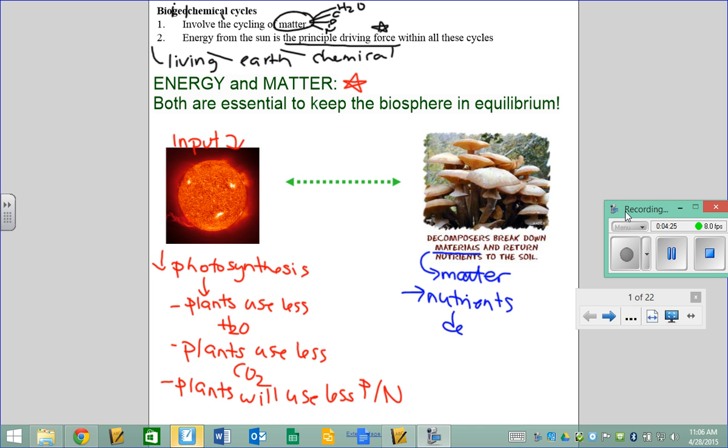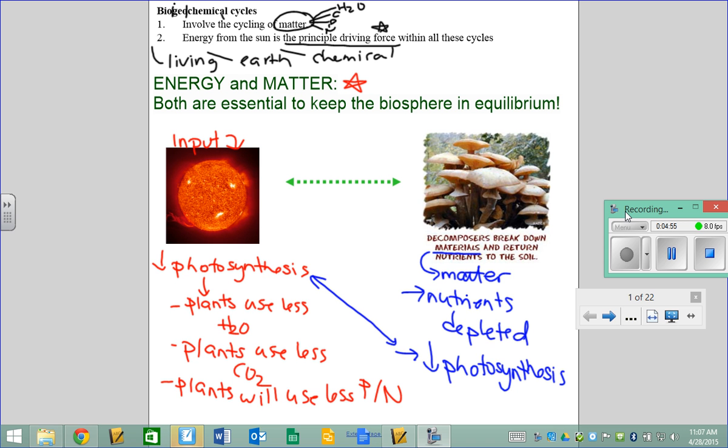Nutrients would all be depleted, and there would be less photosynthesis. So notice how these two things were both effects. When I took away the sun, it was the primary effect. When I took away decomposers, it was the secondary effect, but the principle is the same. I cannot have energy and matter alone. I have to have them together.